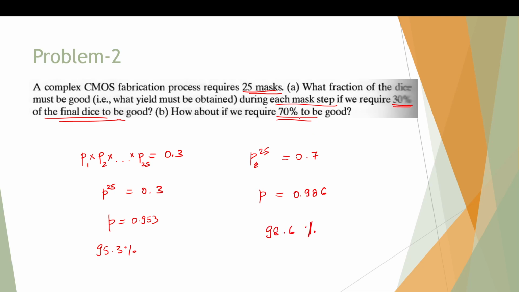If we want a higher yield, we have to be almost perfect in each of the mask steps. It should be almost 100% yield every time. So even if it's almost 100% yield every time, we will still get only 70% good dice, because the number of mask steps are so many.